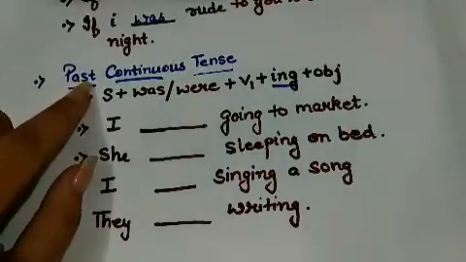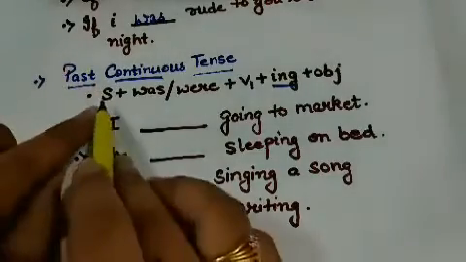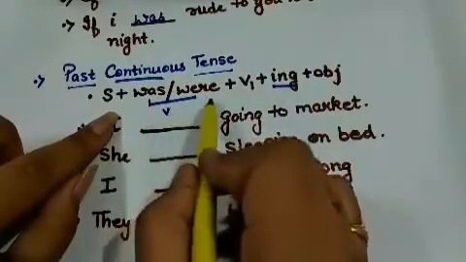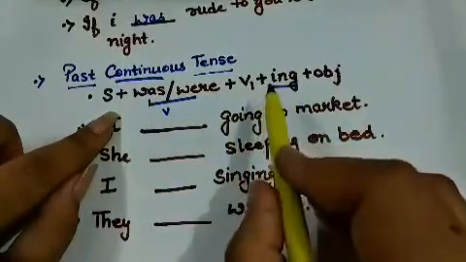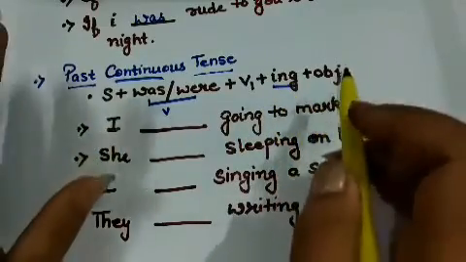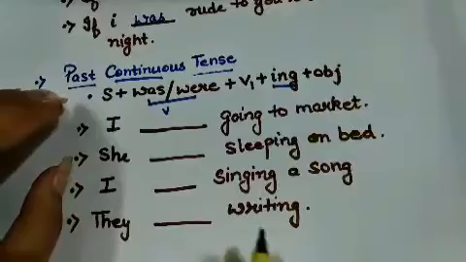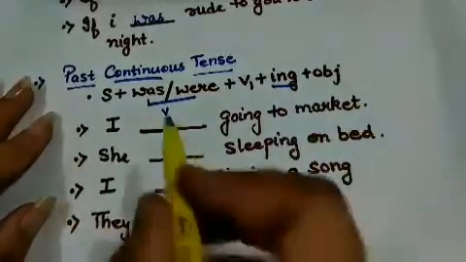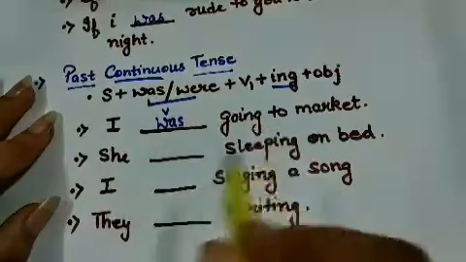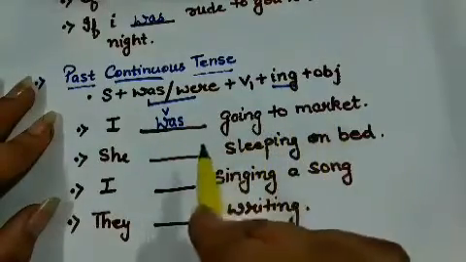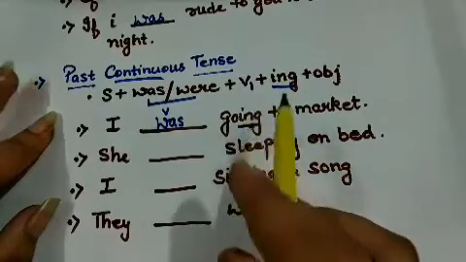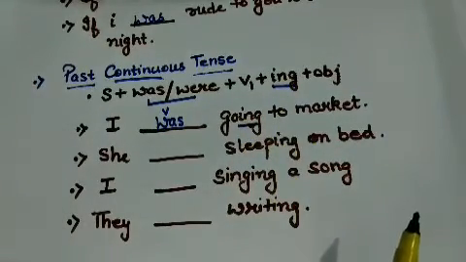Now, in past continuous tense, we use subject plus verb was, were, plus verb first form plus ing and object. Now let us see some examples. I was going to the market. Like see, it is a continuous tense, but it happened in the past.